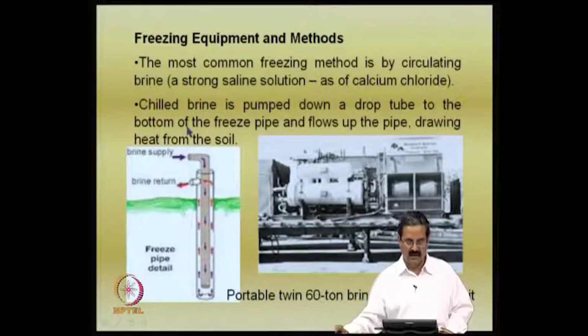A chilled brine is pumped down a drop tube like this, a brine supply, and then you have the liquid here. This area creates that particular freezing. Because of this process it draws heat from the soil. This is some sort of refrigeration unit.